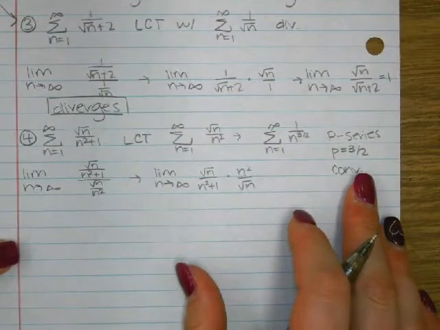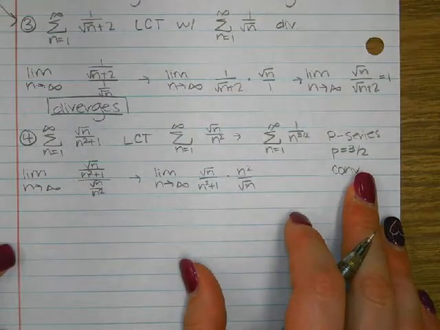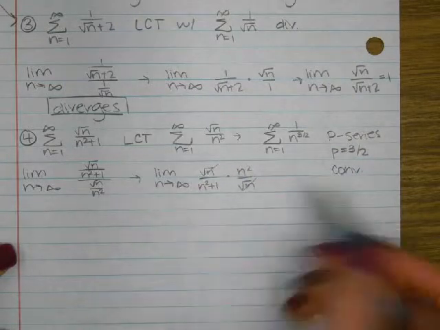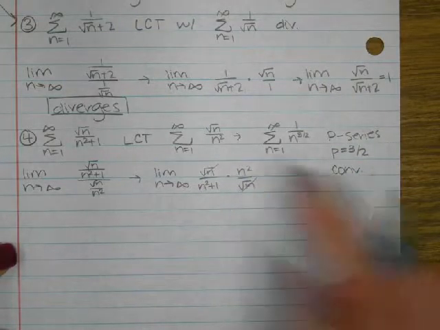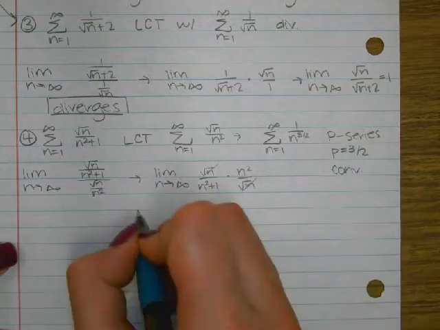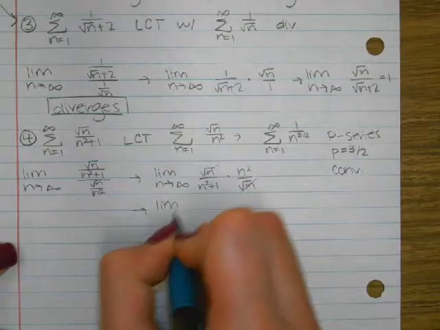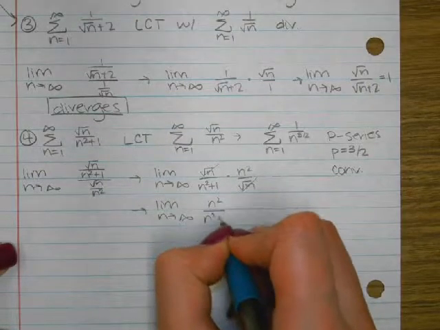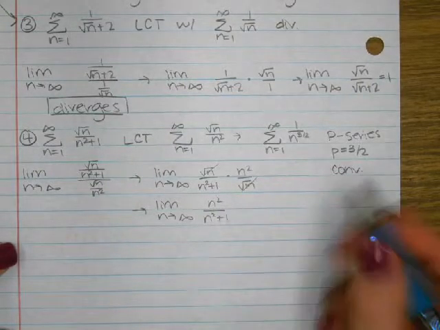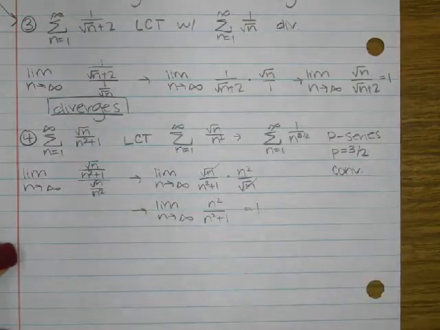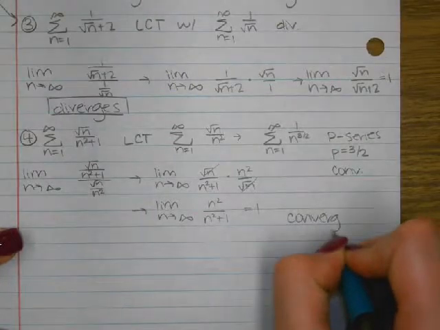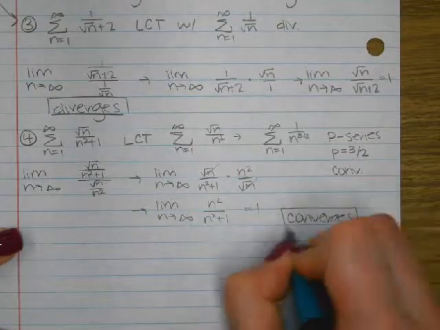And if you can see here, those square root n's would cancel, right? And we would end up finding that we have the limit as n goes to infinity of n squared over n squared plus 1. Those are the same, so the limit here is 1. And that means we can make the conclusion that the series converges.